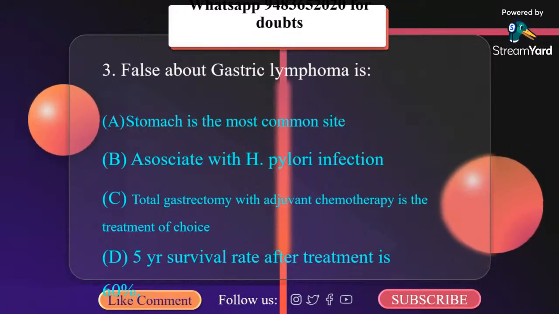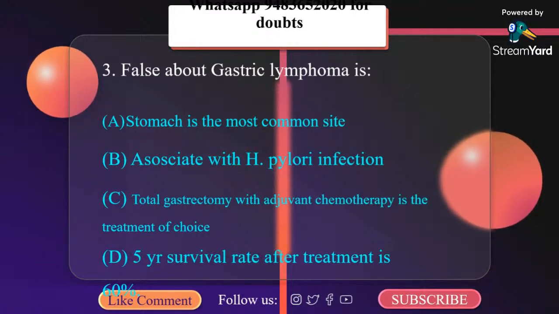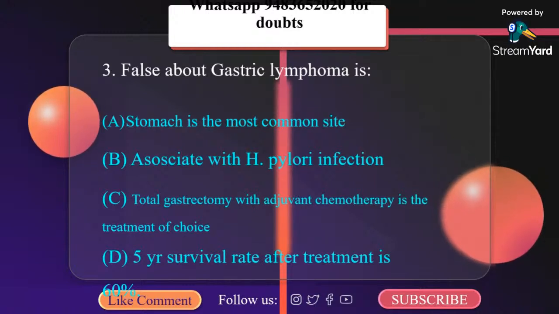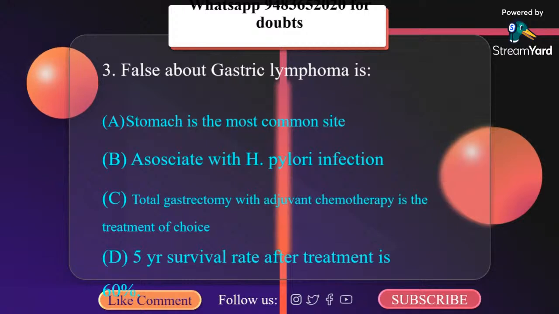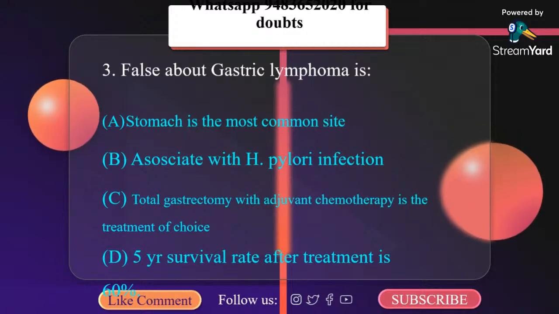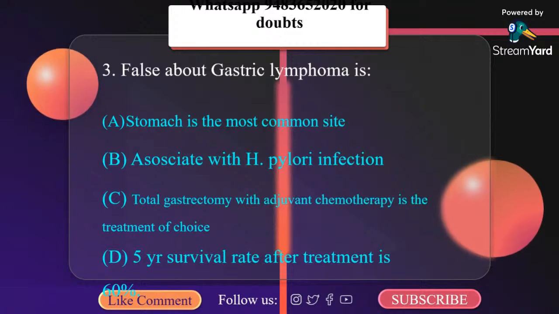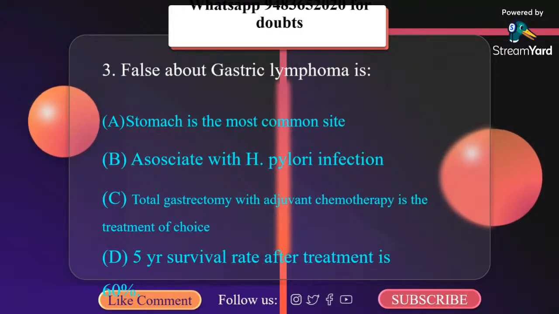It is of two types, primary and secondary. Primary gastric lymphoma is lymphoma of the stomach which exhibits no evidence of liver, spleen, mediastinal node, or bone marrow involvement at the time of diagnosis. Primary gastric lymphoma is more than 95% non-Hodgkin's lymphoma of B-cell origin. Most of the primary lymphomas, about 60%, arise in MALT, mucosa-associated lymphoid tissue.